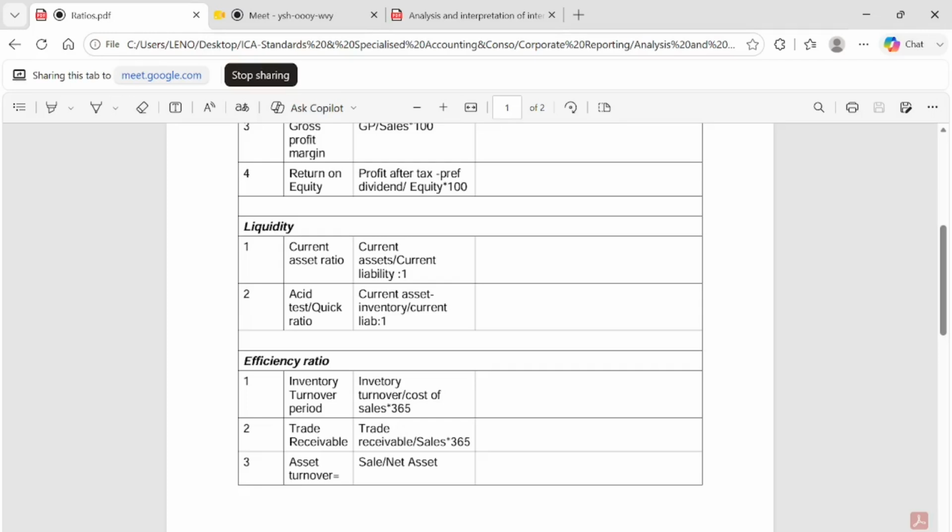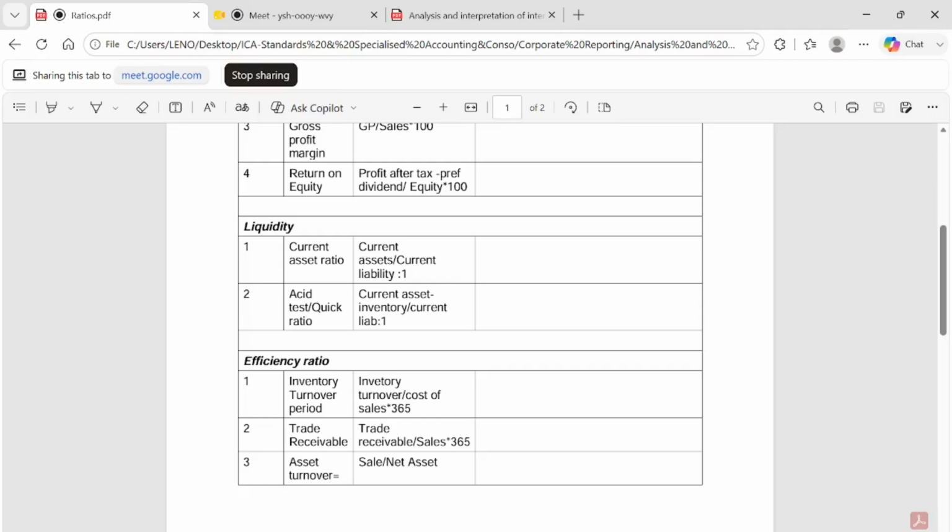You shouldn't be holding that much of such assets. So you should be in between. In regards to the current asset ratio, as earlier indicated, we use it to assess whether the company is liquid or solvent to meet its current obligations.